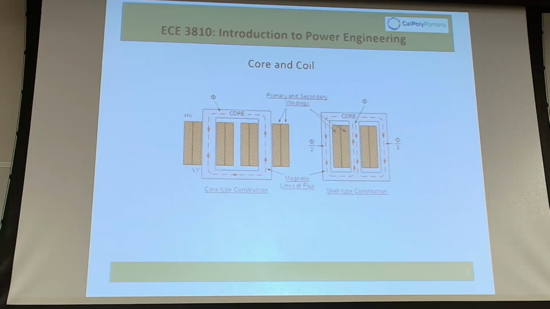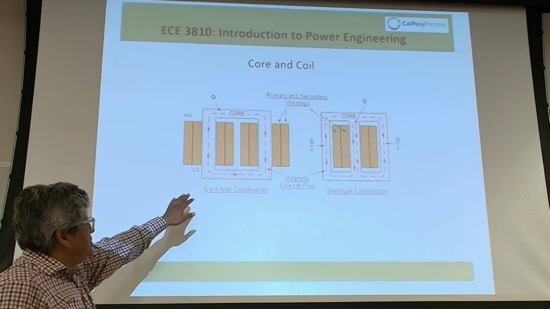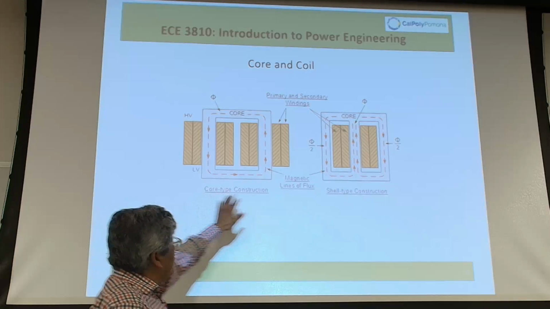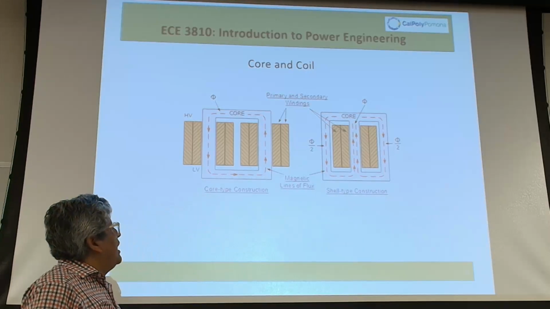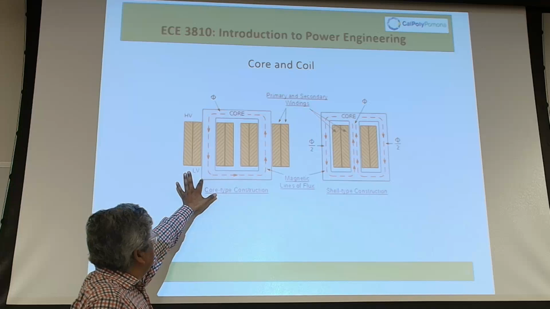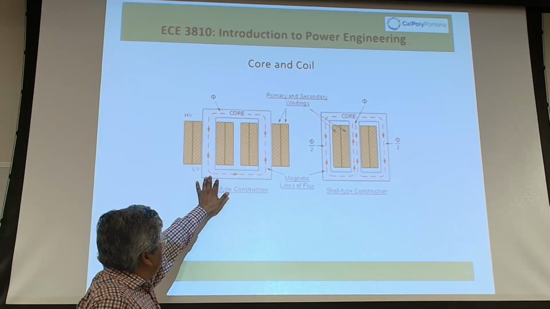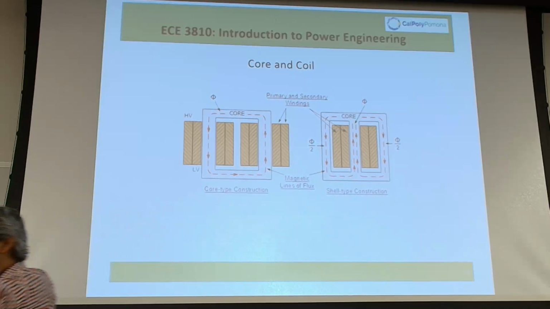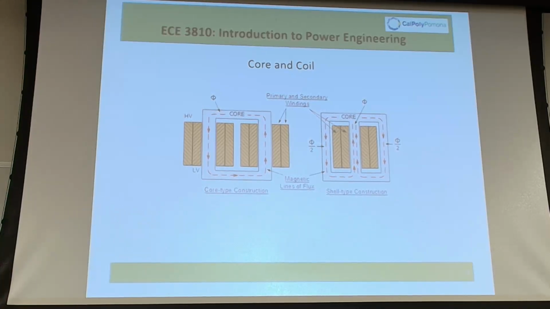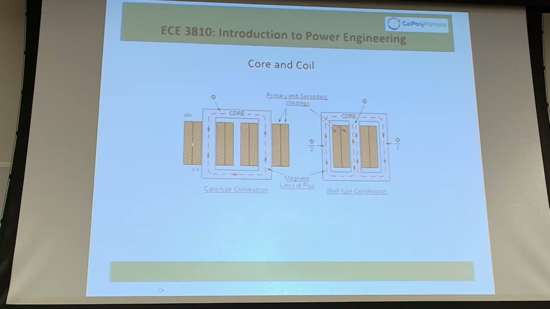There are two core types that you probably come across when it comes to transformers: the core type and the shell type. The difference is, as you can see here, the gray part is your core, the iron part, and these yellow things are the windings.